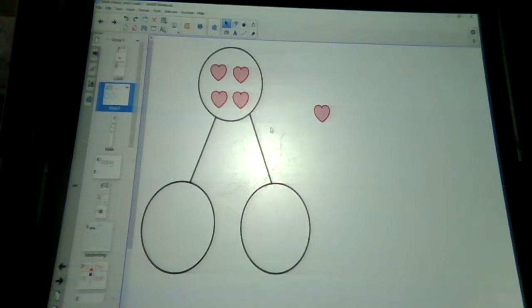Now, after a fun night of games and birthday cake, it was time to go home. One person went home, they followed their line to this circle. The other 3 people follow their line down to this circle or this part.